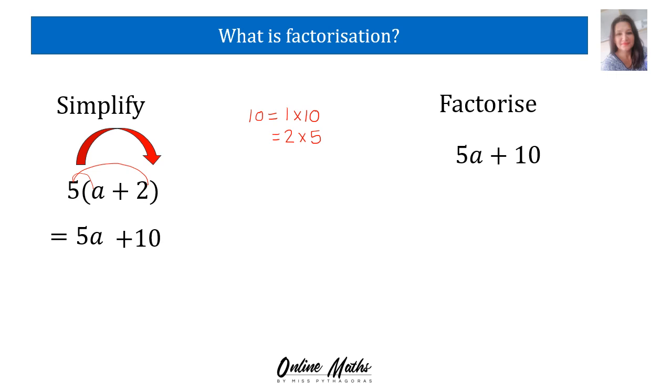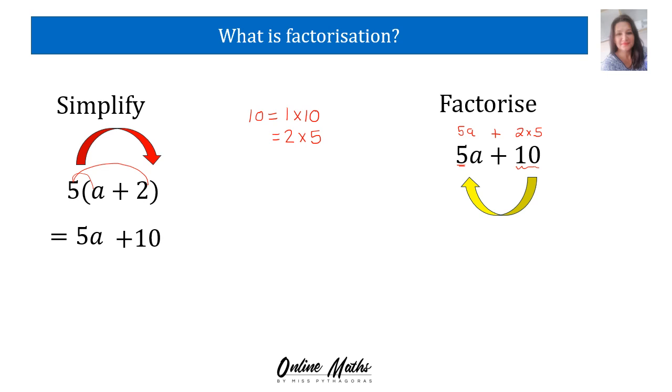Now, when we go to the factorization on the right hand side, we will start by pulling out a common factor, and the common factor we will take out will be this 5. When we write 10 in its factors, it's the same as 2 times 5. So here we have 5a plus 2 times 5.